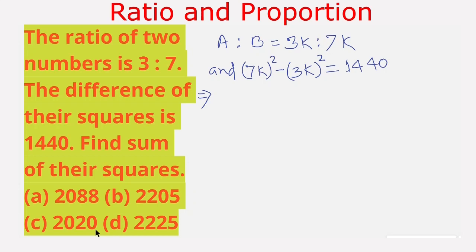So 49k squared minus 9k squared is 40k squared, equal to 1440. This gives k squared equal to 36.